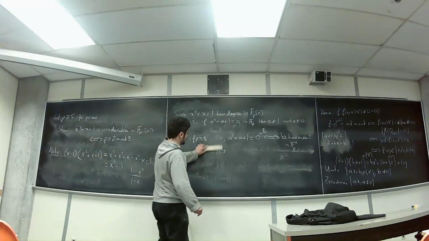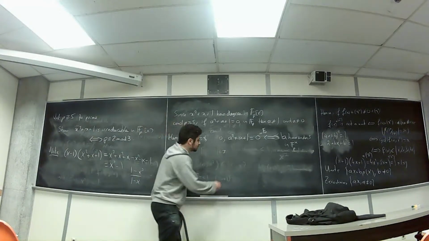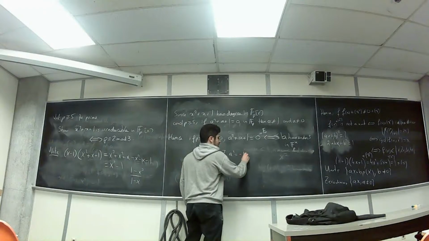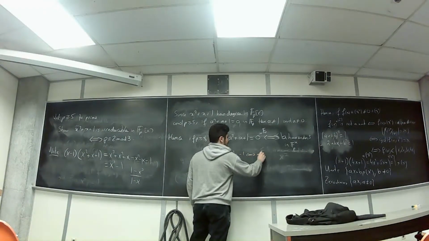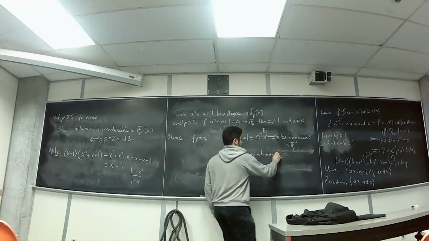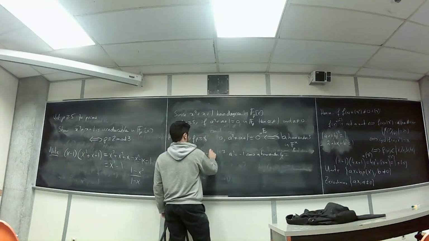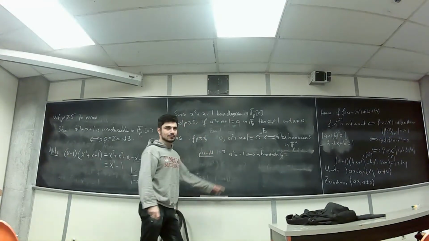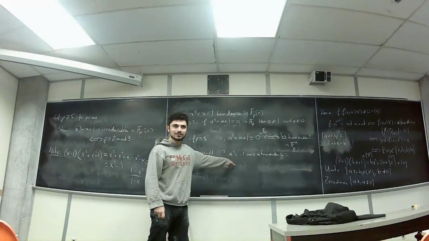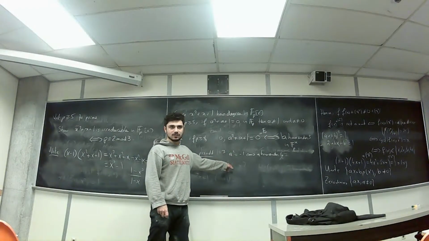It's the same thing as a squared is minus 1 if and only if a has order 4, if p is odd, right? You know this one. You've seen this one, no? We've done this last time.